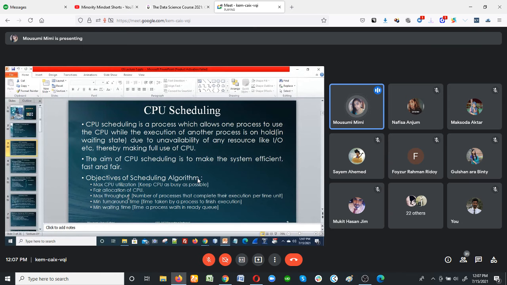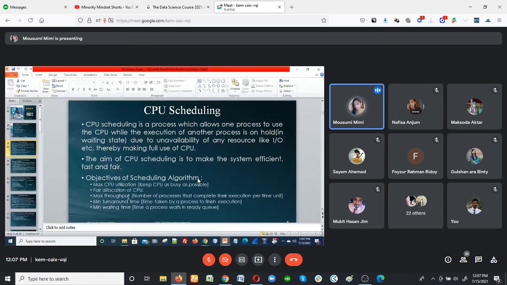So for each algorithm, you will learn step by step what things you need. So write down in your copy everything I am saying in today's class from this chapter. First of all, the objective of why we need to learn CPU scheduling algorithms is that we need to keep the CPU as busy as possible.